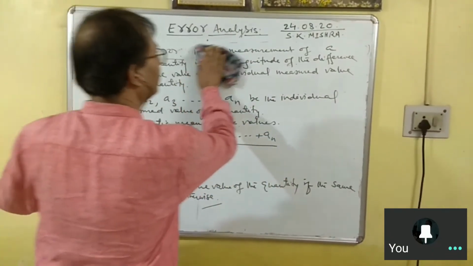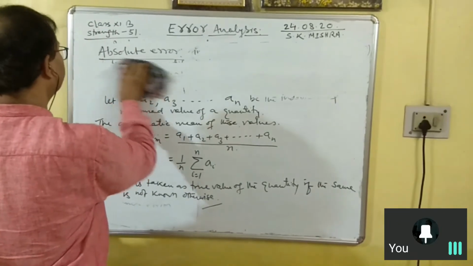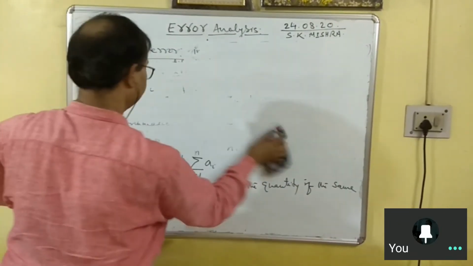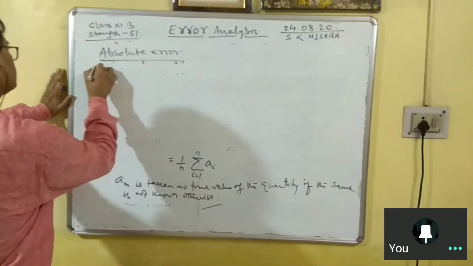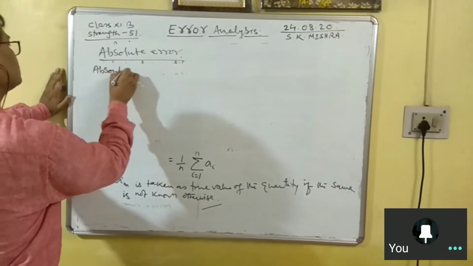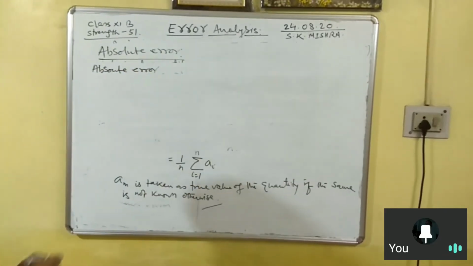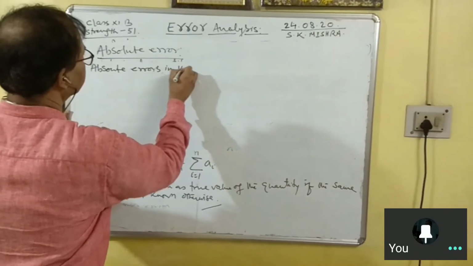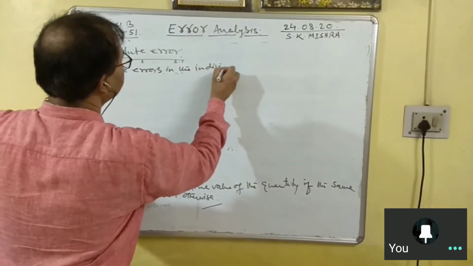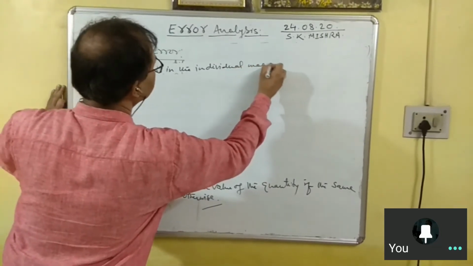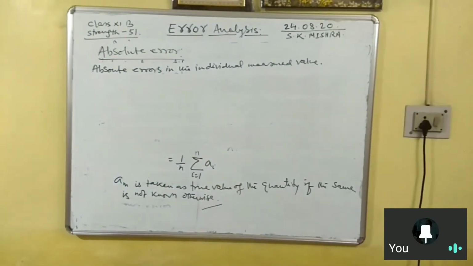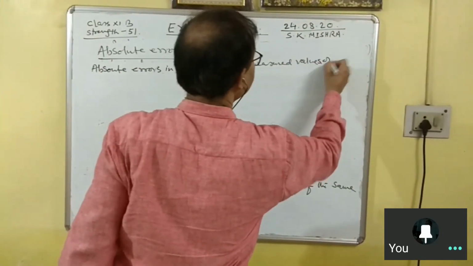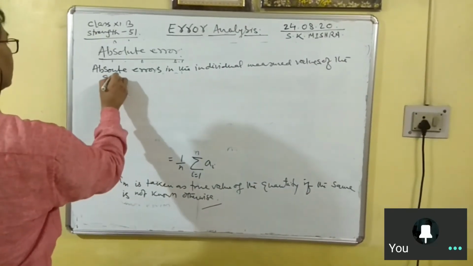So now, after defining it, absolute error in the individual measured value of the quantity.